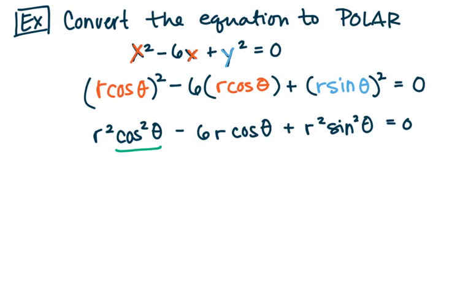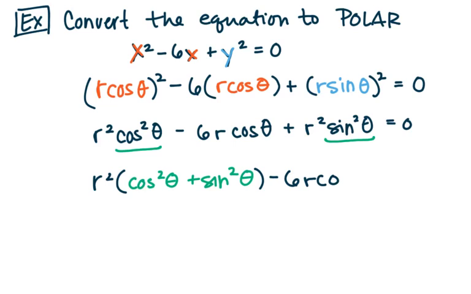So hopefully you guys are noticing we've got a sine squared plus a cosine squared in here. So this is the same as having r squared times cosine squared theta plus sine squared theta. Don't forget, I still have this minus 6r cosine theta in there.